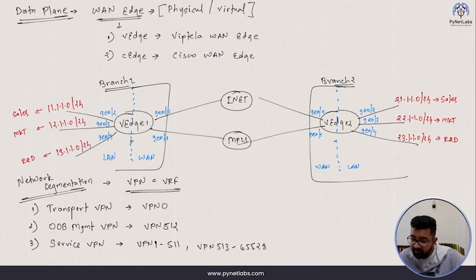So every interface that is present on your WAN facing device, on your WAN edge, must, I'm saying must, be part of a specific VPN. It's not an optional configuration, it is a must-have requirement. The transport VPN is used for all the WAN facing interfaces.